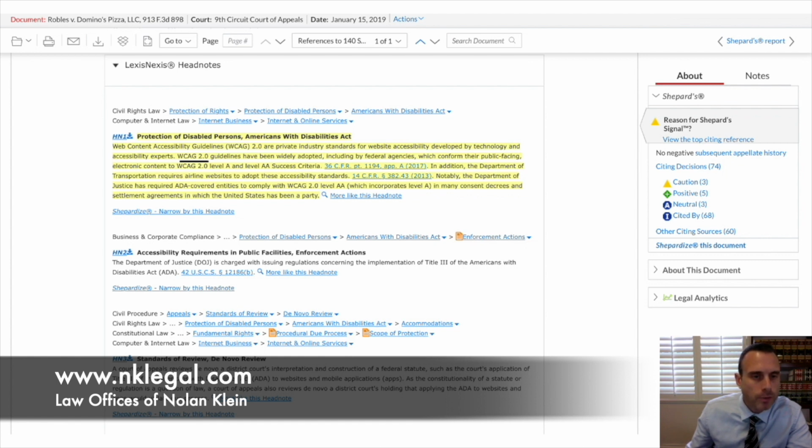In addition, the Department of Transportation requires airline websites to adopt these accessibility standards. Notably, the Department of Justice has required ADA-covered entities to comply with WCAG 2.0 Level AA in many consent decrees and settlement agreements in which the United States has been a party.